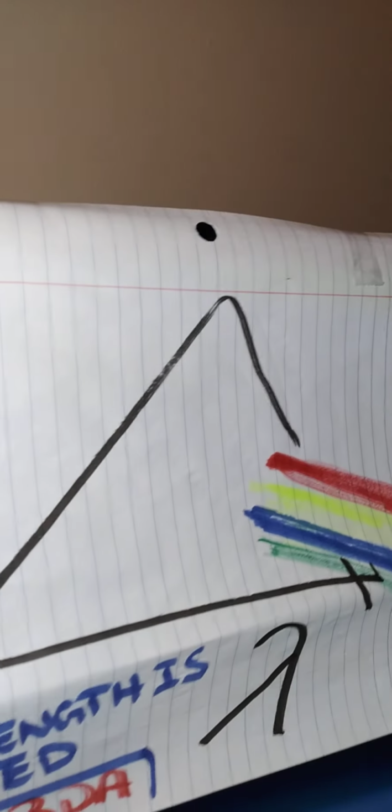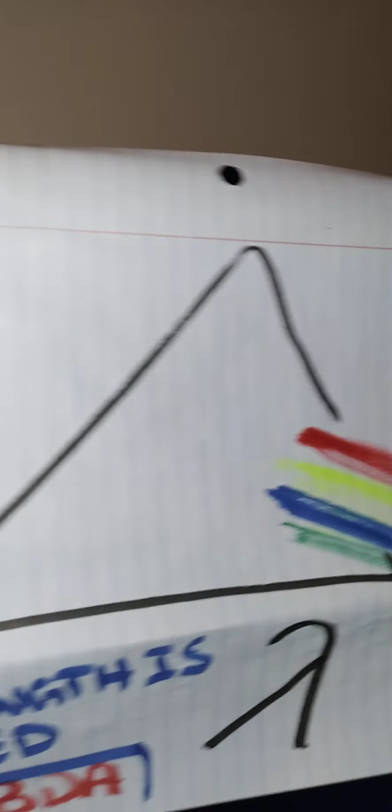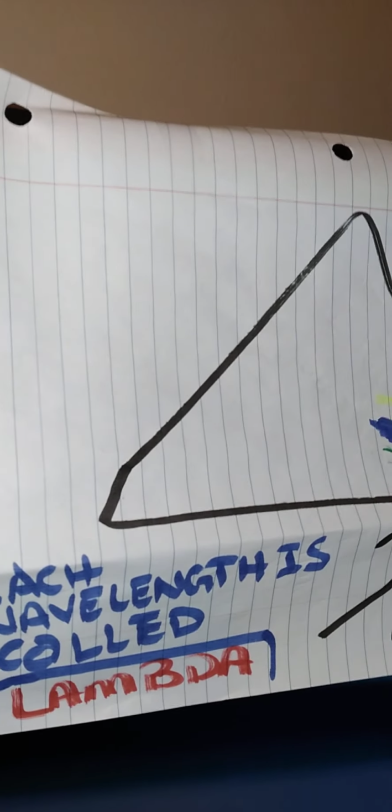and that's a fiber optic cable. And these different colors of light have different wavelengths. Red has a much longer wavelength than violet, and violet has a shorter wavelength. So this is where the term lambda comes into play.